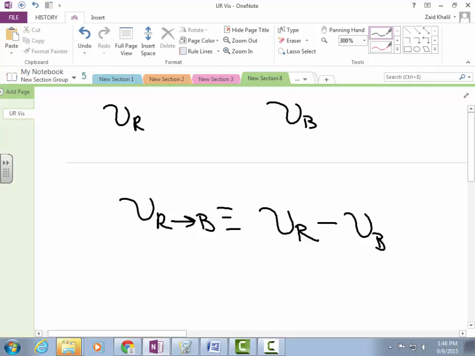I would say the speed of red is twice that of blue. Let's give blue a defined velocity. What would blue's velocity be? Well, in order to answer that question, we have to define what we're going to call positive and what we're going to call negative. So, which direction do you want to call positive in this experiment?